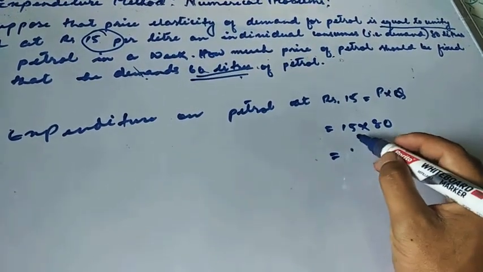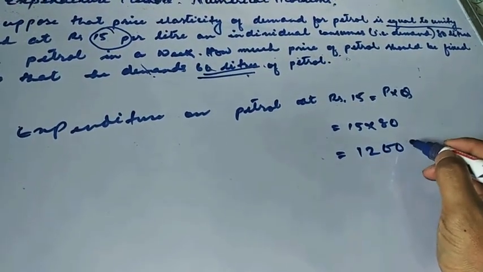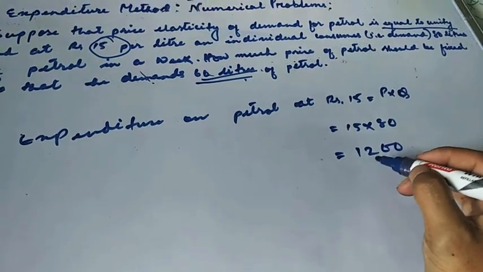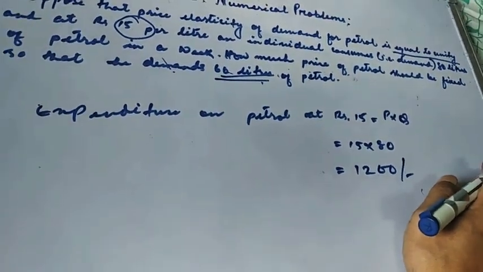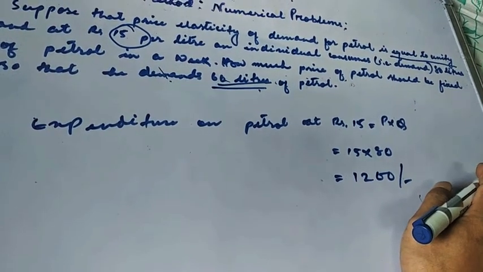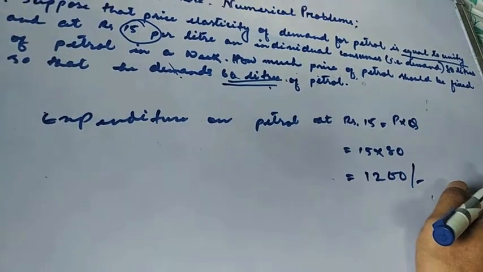What we have is 1200. So rupees 1200 is the expenditure on petrol when the price is rupees 15 per liter.